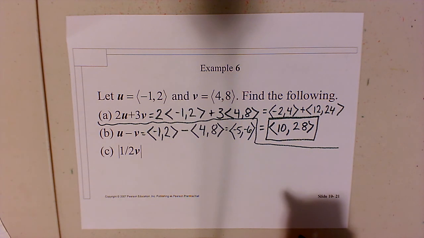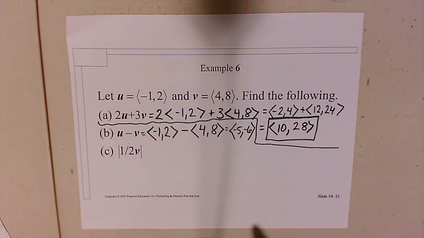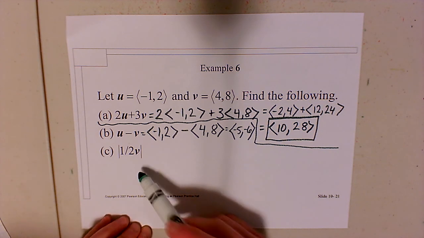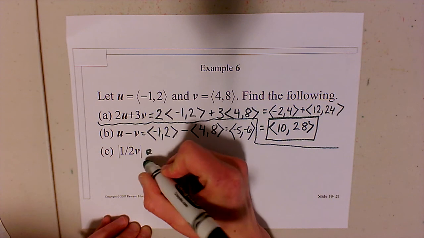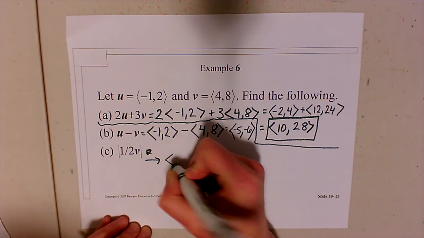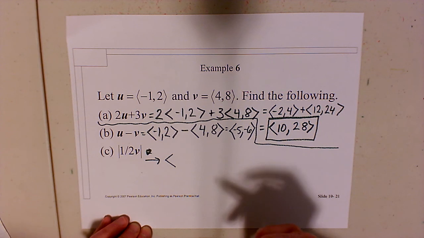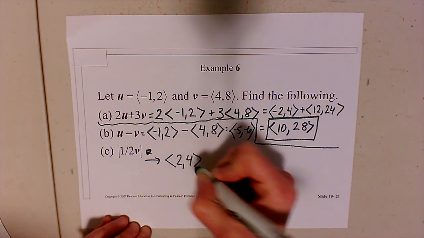And then 1/2 v for part C. All we're doing here is multiplying vector v by 1/2, but we're also taking the absolute value of it, so we're also finding the magnitude. If we take our components of vector v, 4, 8, and cut those in half, that's going to give us 2, 4.